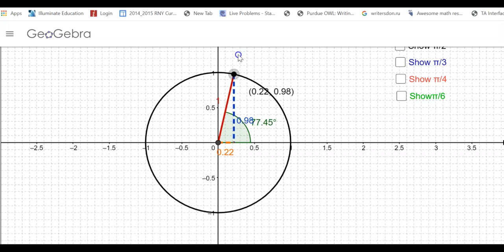It's getting smaller and smaller, and my y-coordinate is approaching 1. So when I get to 90 degrees, I can only get close with this. That's pretty close. You can see that your x-coordinate has completely disappeared. It's 0. There is no opposite. Your y-coordinate is 1, and the radius is also 1, because that's from the center to the edge.